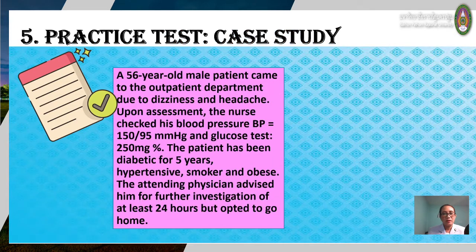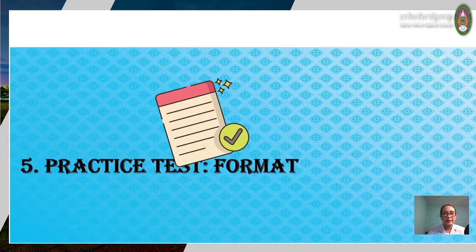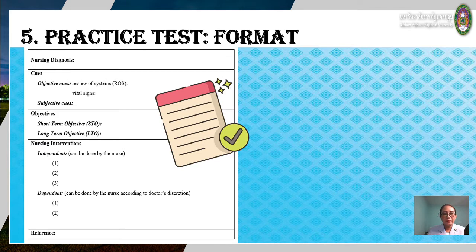As I have mentioned, our case study is the same as the last case study we used in part 3 and part 4 of this subtopic. And this is the format that we're going to use. So only use this format. You can write this on your iPad, on your computer, or in your lecture notes, and then send it to your lecturers.